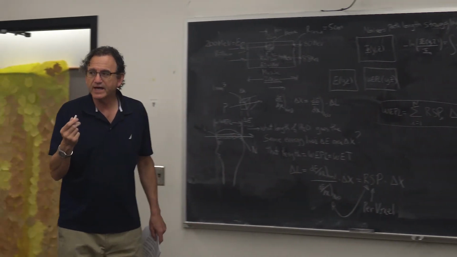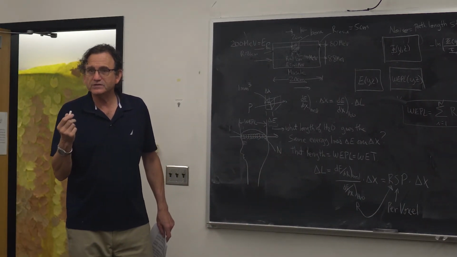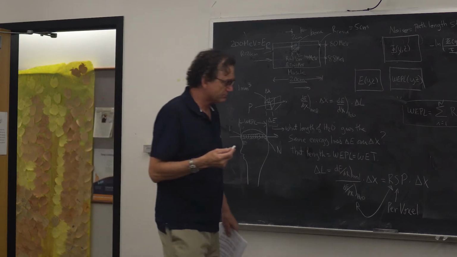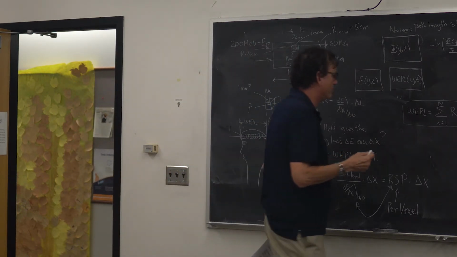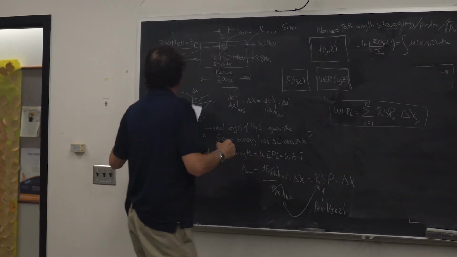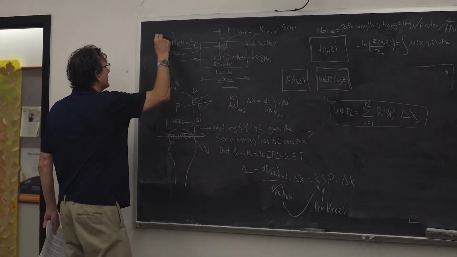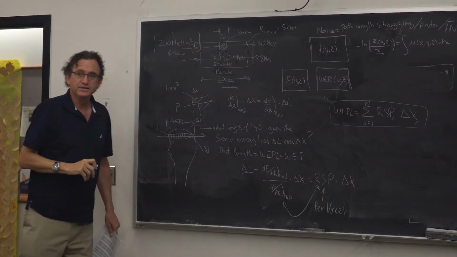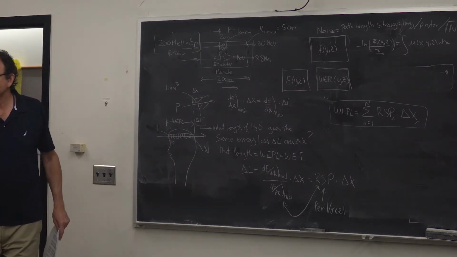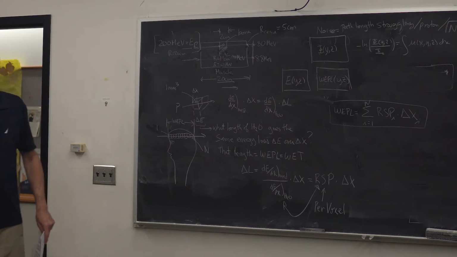Now let's say that we have a beam that we start off with protons of this energy. It turns out this is a very useful energy for imaging in proton beams because most therapy centers have 200. We could go to 250, but 200 works pretty well.